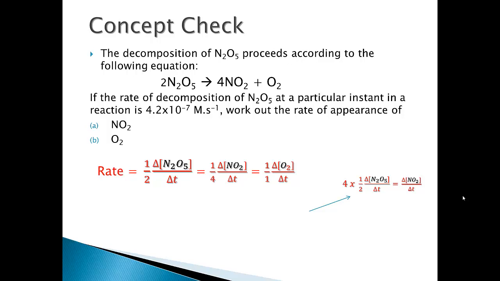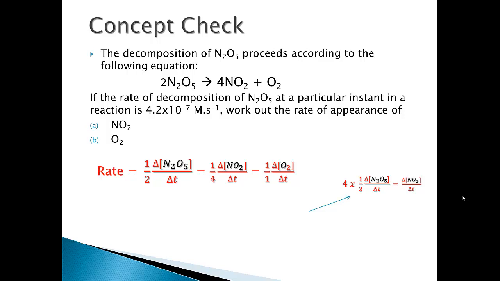It's also equal to just 1 times, because there's no coefficient out the front of the O2, the change in oxygen gas over time. So that 4.2 by 10 to the minus 7 moles per litre per second, that's the rate of decomposition of N2O5. Okay? Now, we know that we're going to have to divide that by 2, aren't we? Because that's the coefficient in front of the N2O5. So we know that the rate is actually half of that.